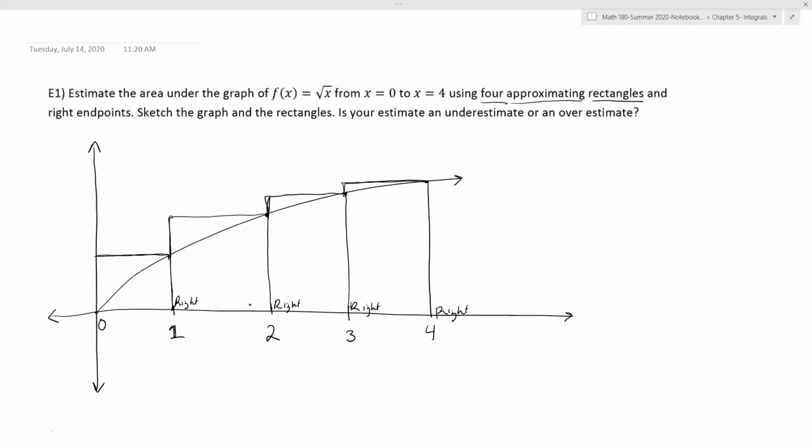Now we need to find the area of each one of these. The width here, which we're going to call delta x, equals 1, because that's the actual width. 1 to 2 is 1, 2 to 3 is 1, 3 to 4 is 1, so all the widths are the same size.